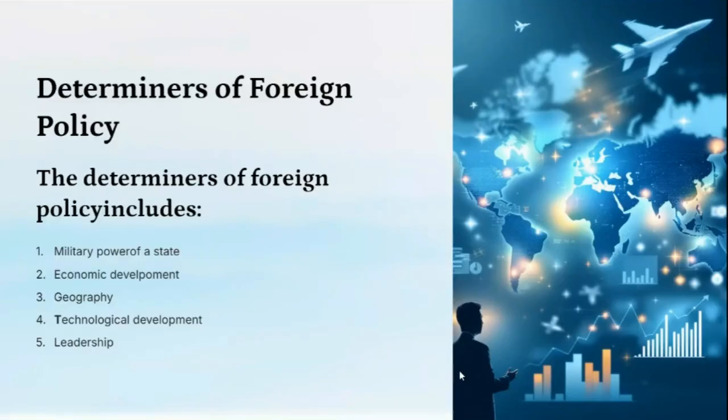So the military strength of a country is what determines its foreign policies. Powerful nations may use force or threat to achieve their goals. Like the US now, they can achieve anything they want because they are the world power, with a strong military.